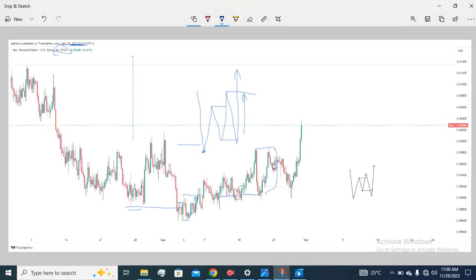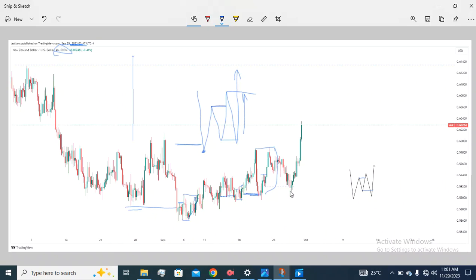Right? Yeah, we had a sweep of liquidity again here. The sweep of liquidity is right here. Now we have the first break of structure right here. This one is this one, right? Then we rallied down. We went up, we even took this guy.